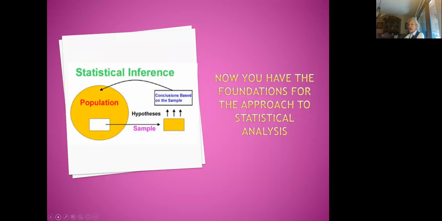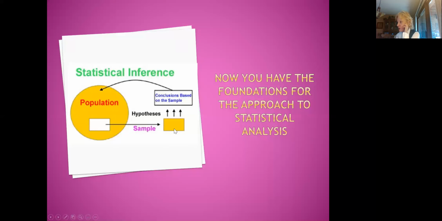So now you kind of have a refresher and the foundations for the approach to statistical analysis. And I like this diagram because it sort of summarizes what we've been talking about. So you have a population of interest. You pull a sample from that population. From that sample, you test your hypotheses.